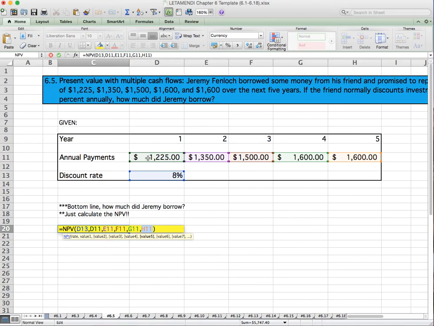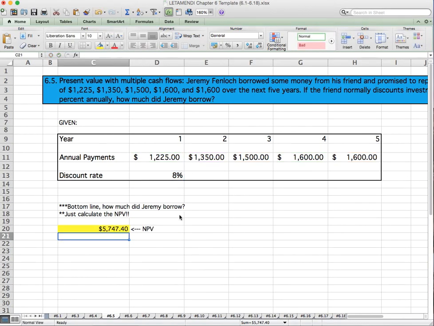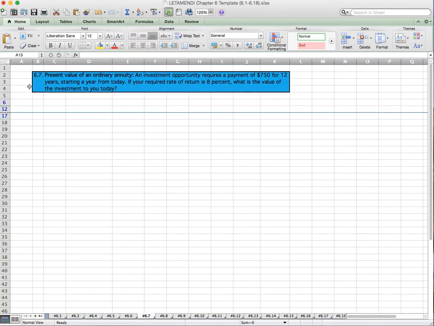So 1225, comma 1350, comma 1500, comma 1600, comma 1600, comma, and then you end up with your answer, which is net present value of $5,747.40.